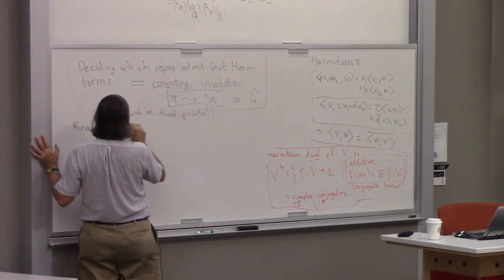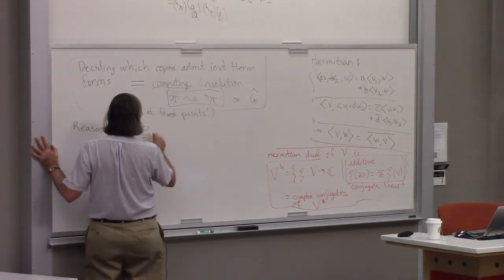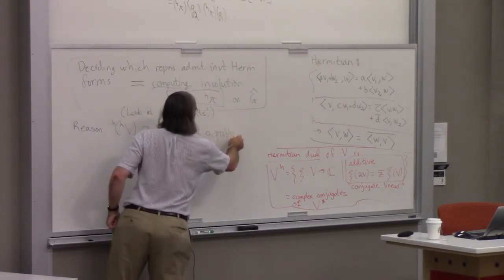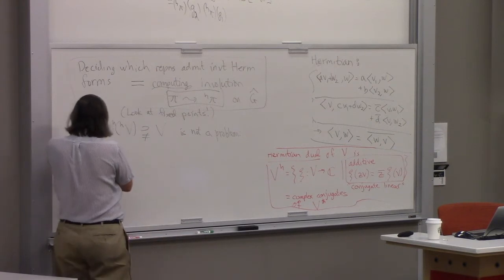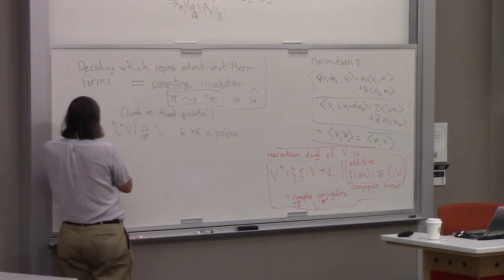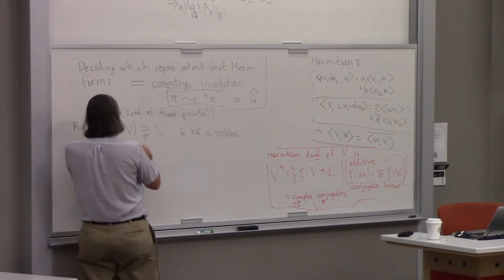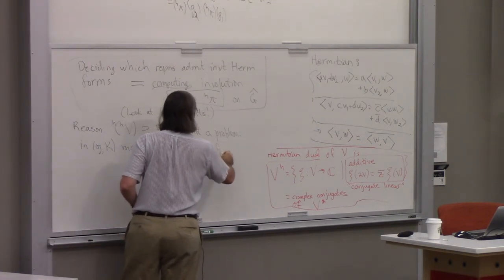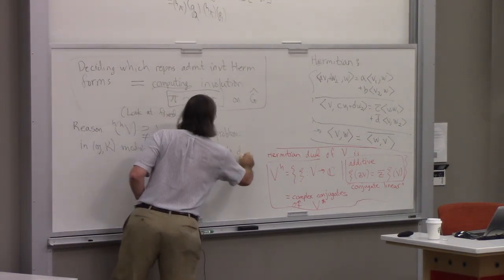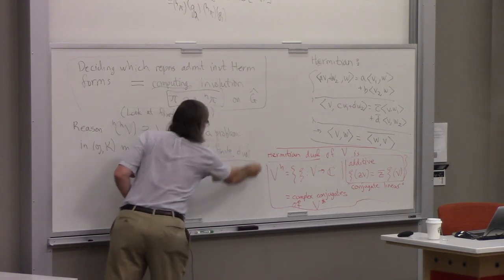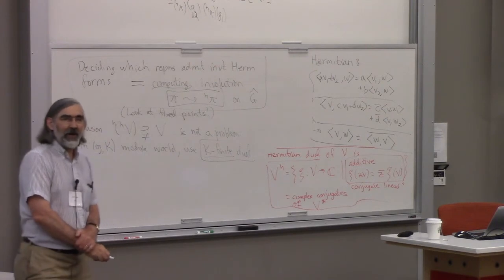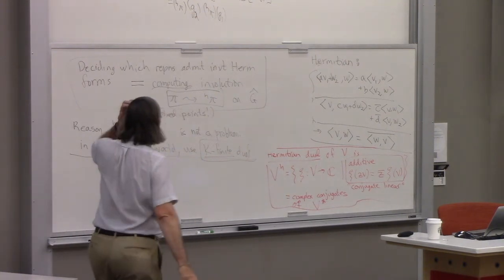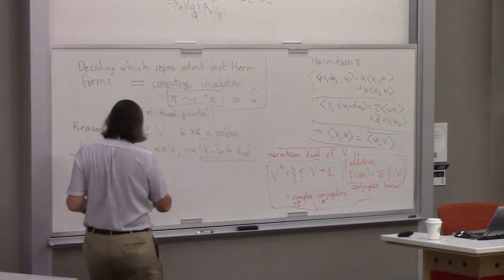If you do this twice, the reason this is not a problem is in this (g,K) module world, you can use these K-finite duals, and then it's okay. So I'm going to slough over that. Let me just tell you the punchline.